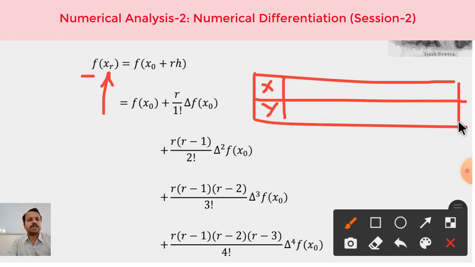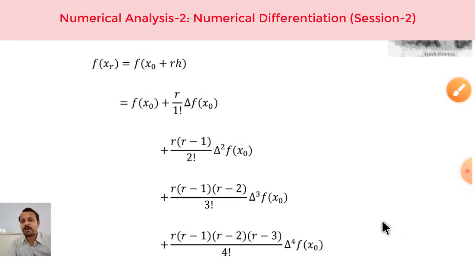In this list of values of x and y, xr will not be displayed. xr will be one value between x0 and xn, belonging to the interval x0 to xn, and preferably in the beginning of the table. Then we are advised to use Newton's forward interpolation formula.